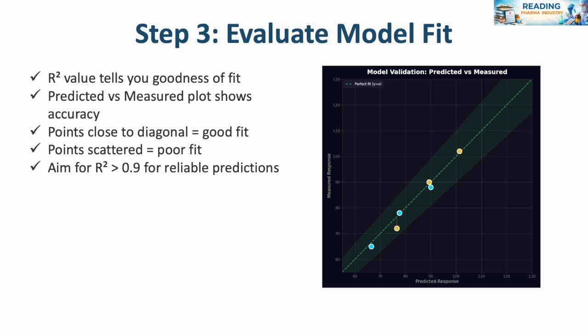To evaluate the model fit, we use R squared as the primary metric. The predicted versus measured plot should show points clustered tightly around the diagonal line. Points that are far from the diagonal line are poorly predicted, and possibly they are outliers.